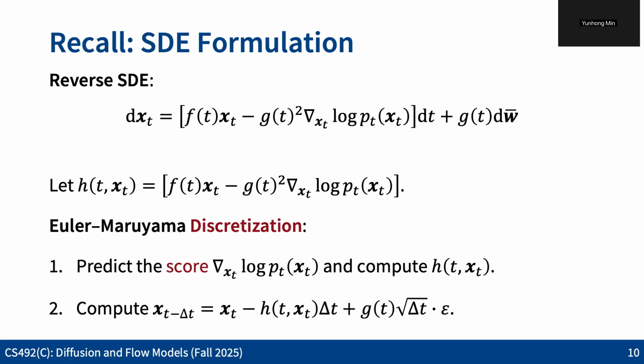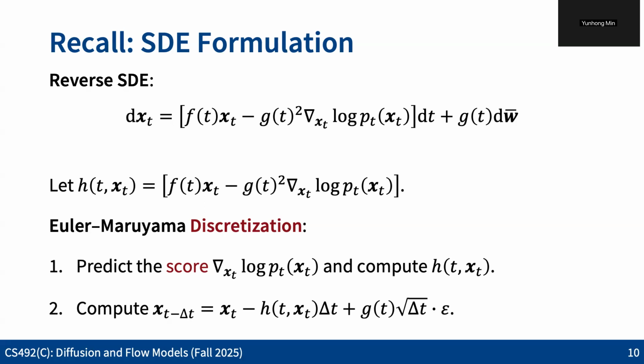Then what we have seen in reinterpreting the generation process of a diffusion model is that the reverse process could be interpreted as solving this SDE with time-domain discretization. The whole process could be considered as computing the score and this term, and computing x_t minus delta t in this way.